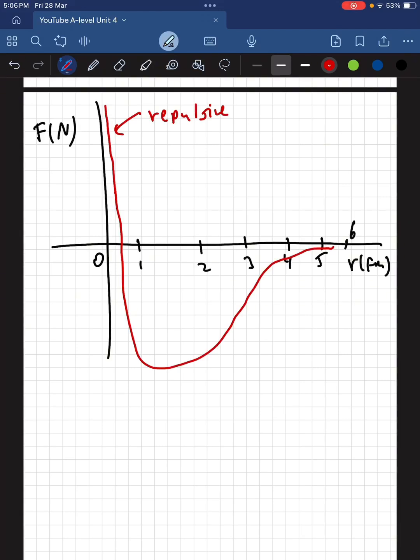Whereas if the distance between them is between say 1 femtometer and 3 femtometers, so in this region, they will attract each other. And if they are really far away, like 5 femtometers away, and by the way, 1 femtometer is 10 to the negative 15 meters, so that's a really tiny distance.